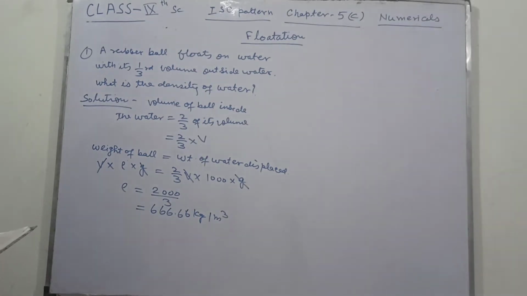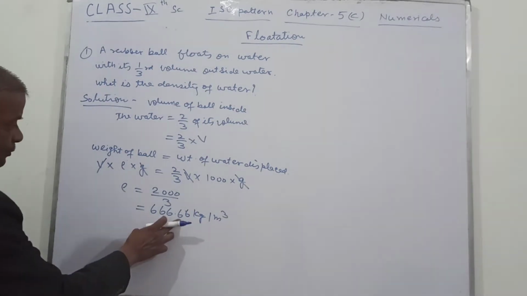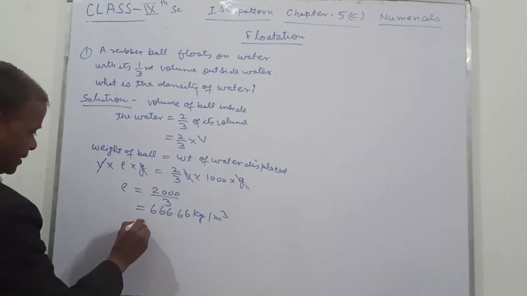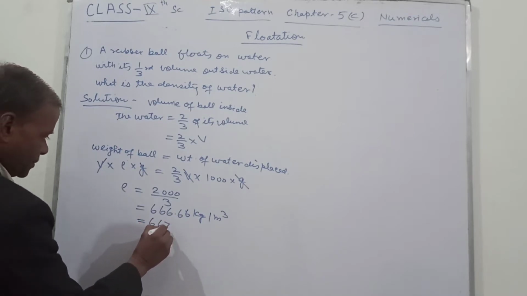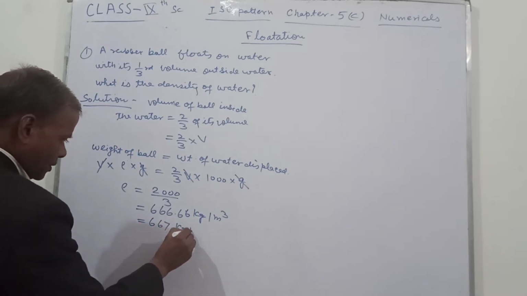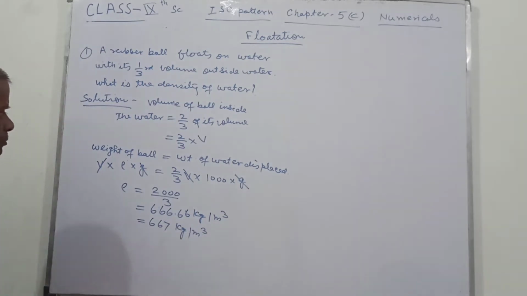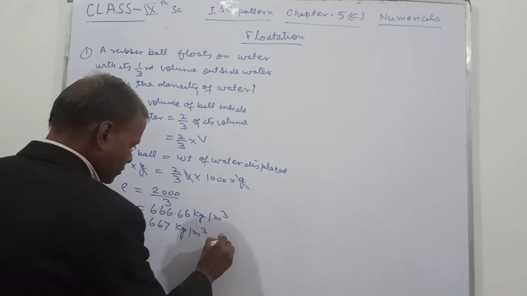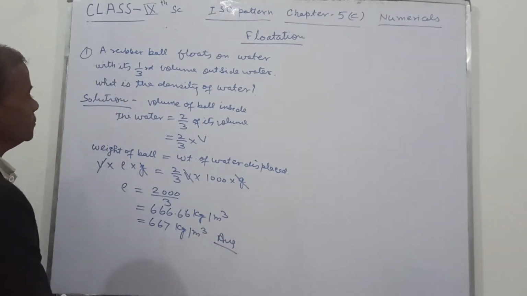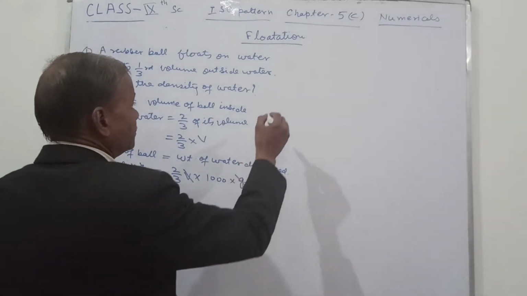If we round off, we can write it as 667 kilogram per meter cube. So this is the answer to question number 1.